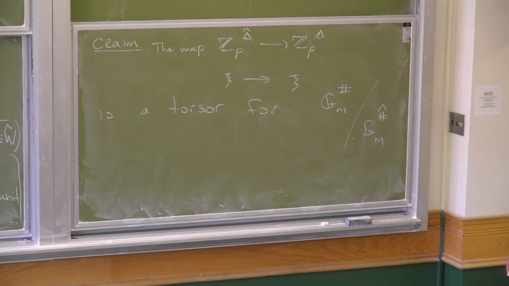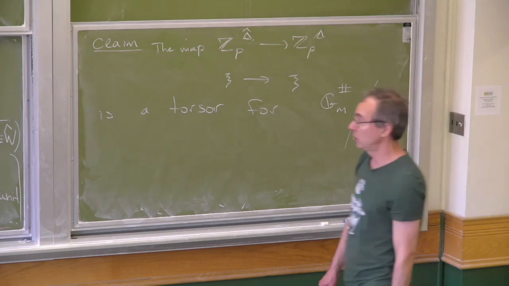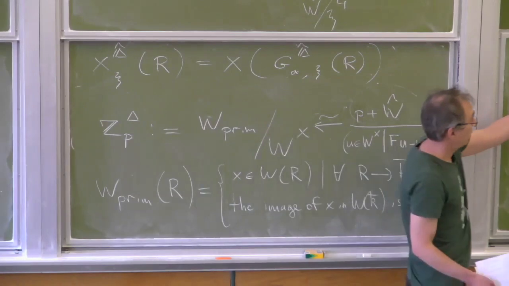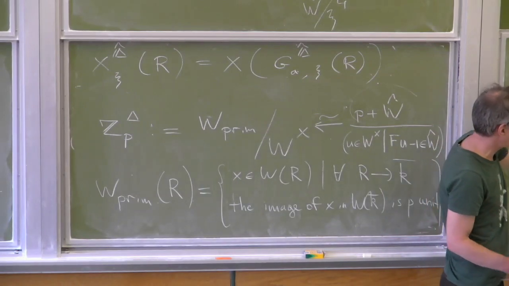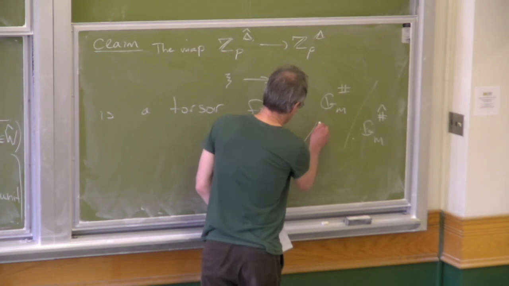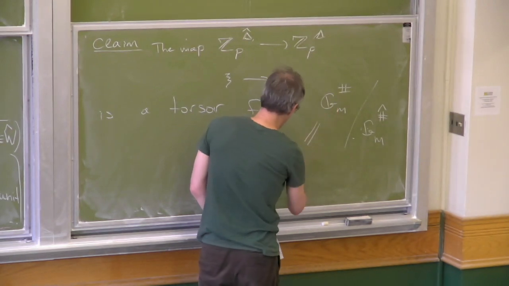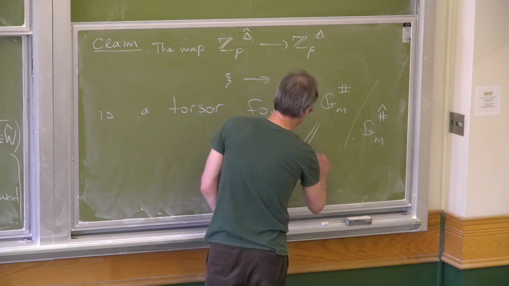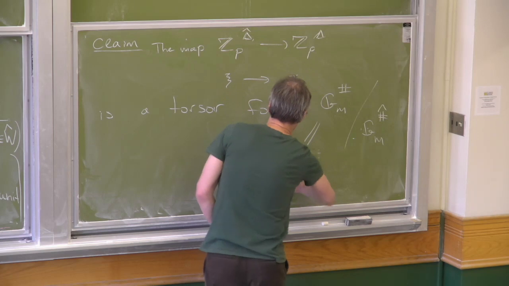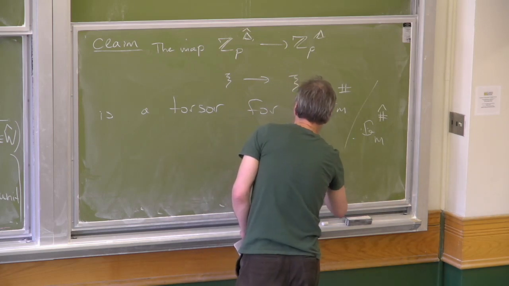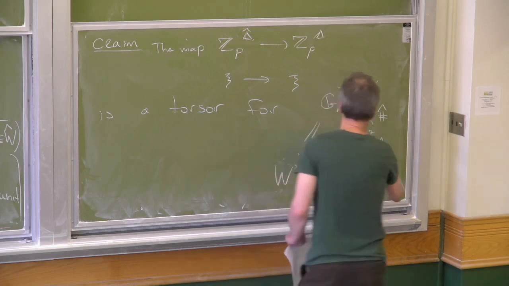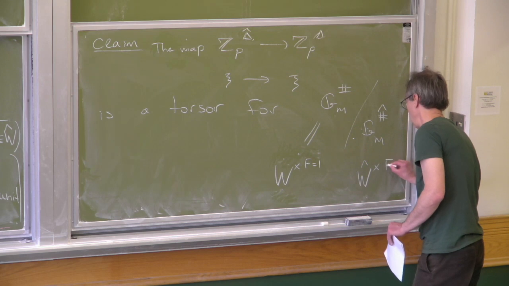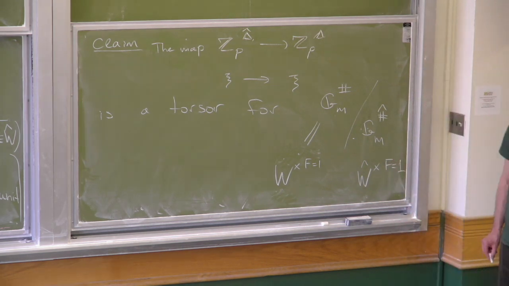You can take the quotient, and this claim becomes a complete tautology if you observe that this G_m sharp is the Frobenius kernel on W cross, so F equal 1, and this is the Frobenius kernel on W. Okay.